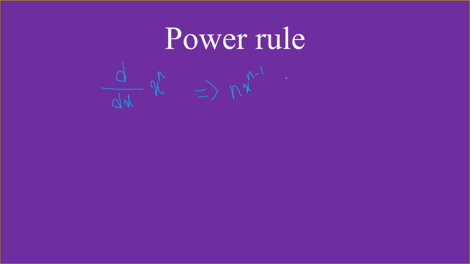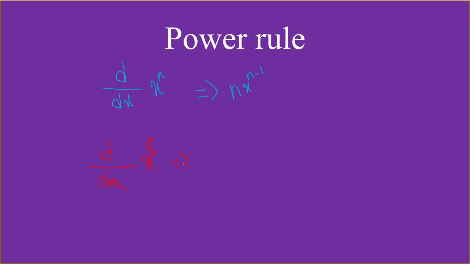So here, n at first comes forward and is multiplied with our x variable, and the power is subtracted by 1. If I show an example, let's assume I have d/dx of x to the power 8.